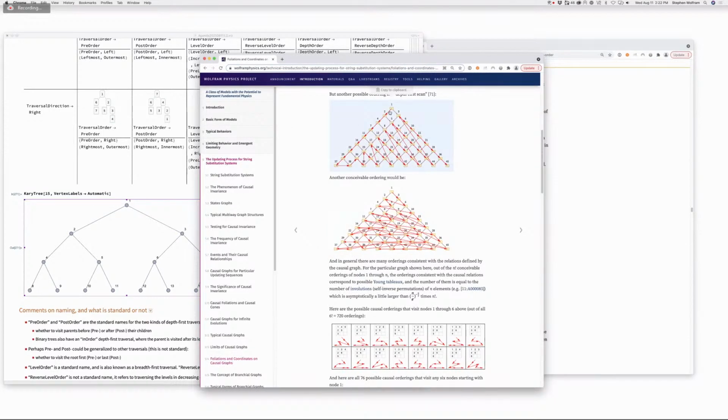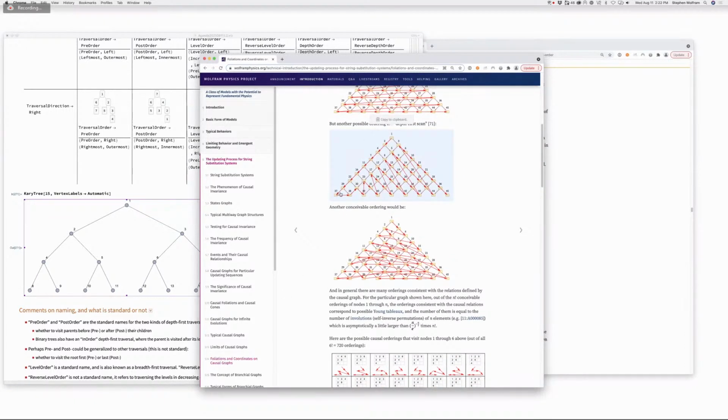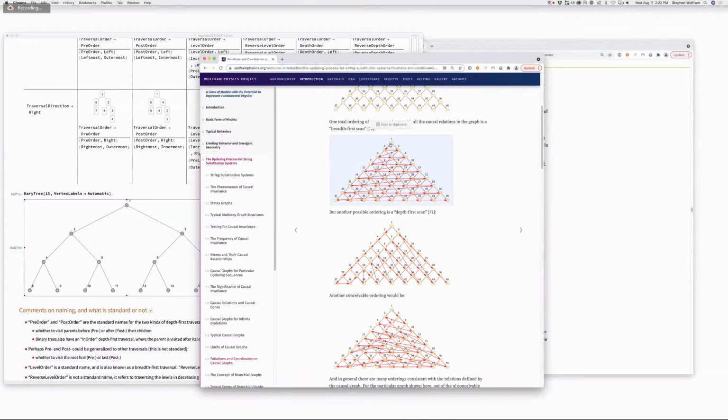Okay, so here we have a representation of a poset, right? This is a depth-first traversal that satisfies the poset relation. Am I making sense? That's a breadth-first traversal that satisfies the poset relation.